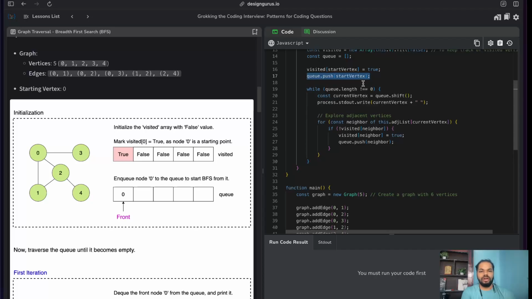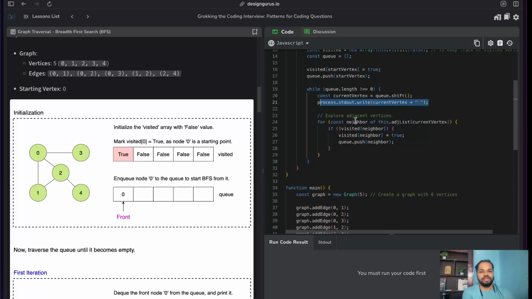Then while queue dot length is not equal to 0, we remove or dequeue the first one, so q dot shift, current vertex, and then we print it.